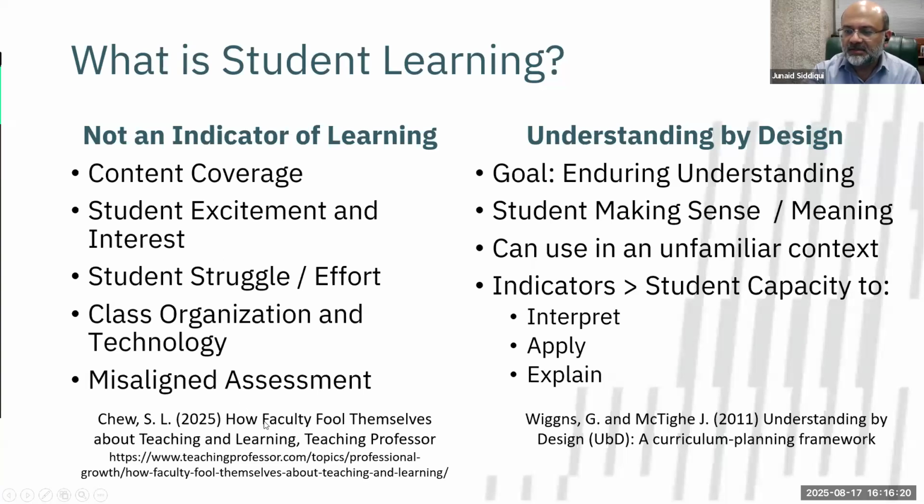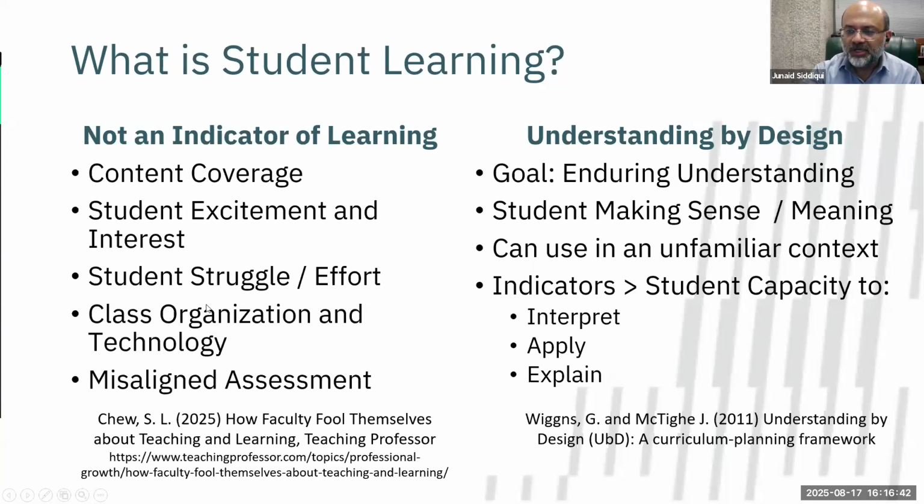They argue that all of these things, while important, are themselves not the indicator of learning. If you have covered the content, does it mean students have learned it? Not necessarily. Student excitement and interest do not necessarily translate into learning.